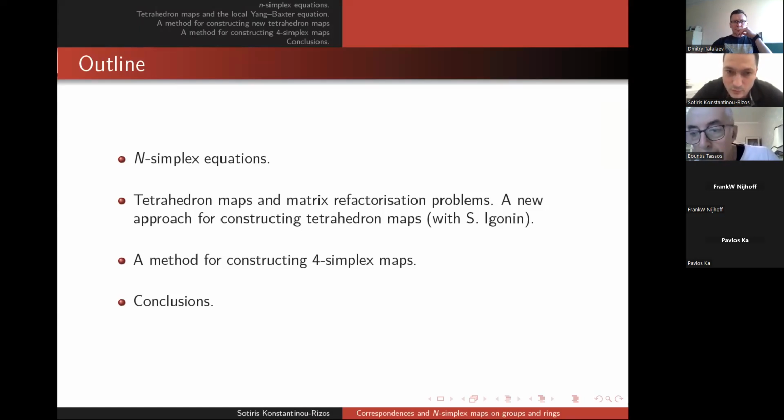And I will show you a new approach for constructing such maps, which is joint work with Sergei Konstantinou-Rizos. And in the last part of my talk, I will show you a method for constructing 4 simplex maps as non-trivial extensions of Zamolodchikov tetrahedron maps.